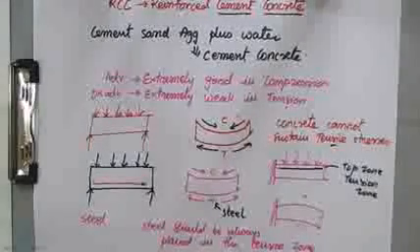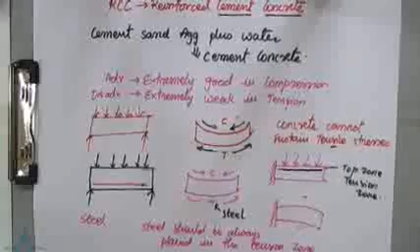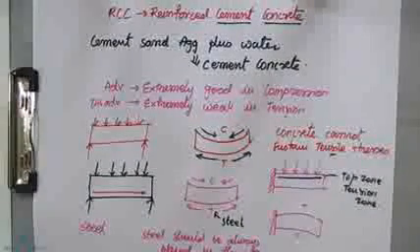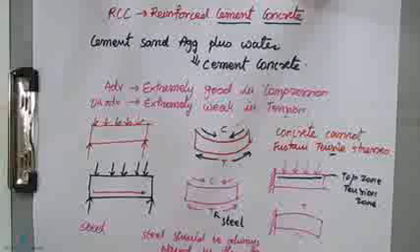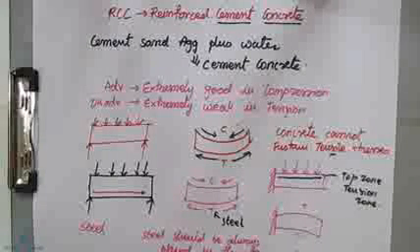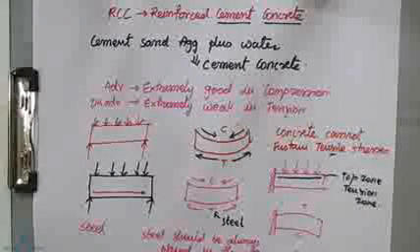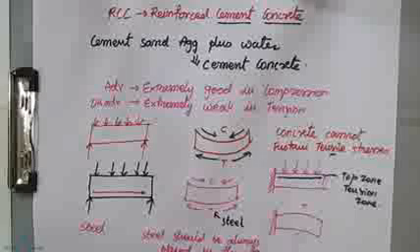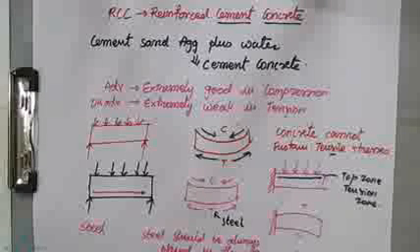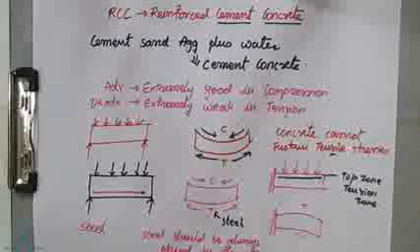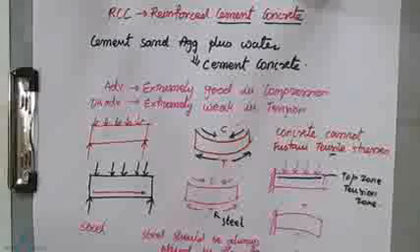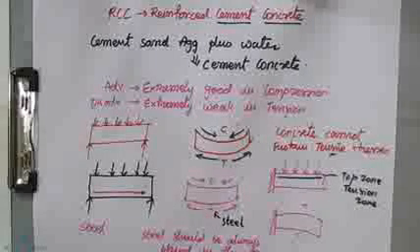After providing this, you can define RCC, or reinforced cement concrete. So this is the general idea behind reinforced cement concrete. Because cement concrete is very weak in tension, we provide a reinforcing bar in the concrete to give rise to reinforced cement concrete, that is RCC. So this is the general concept behind RCC.